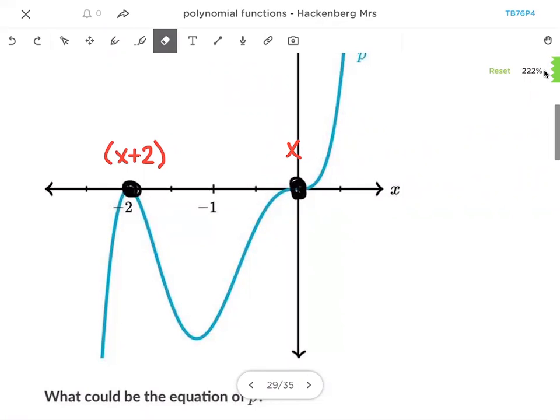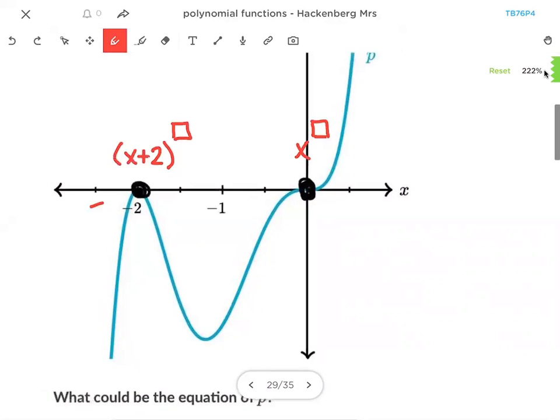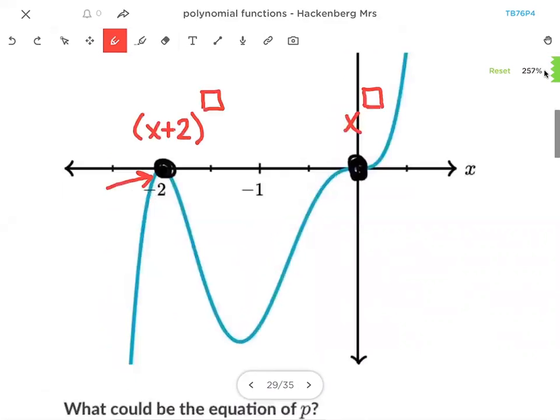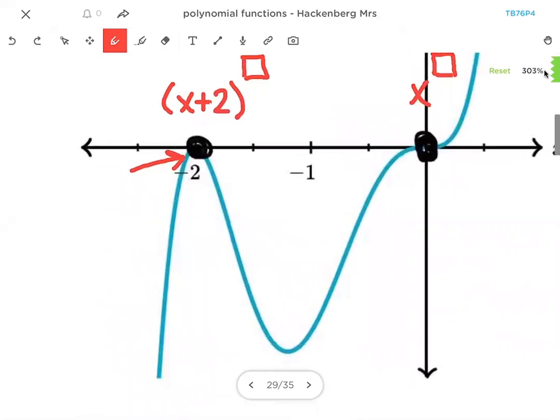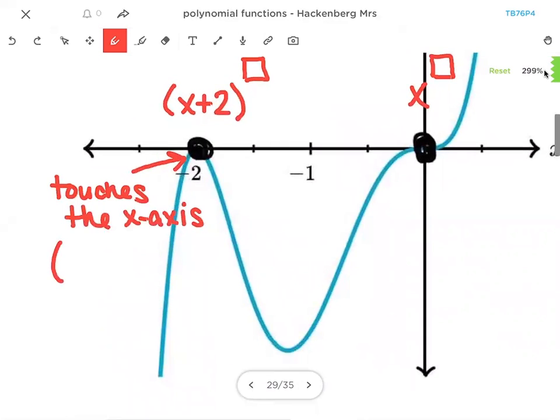But let's talk about what the exponent might possibly be. At this root in particular, it just touches the x-axis. So what I need to think through in my head is that it's got to have an even multiplicity.